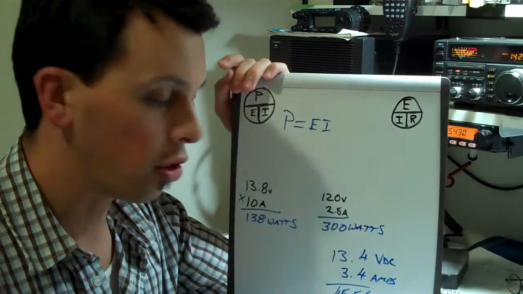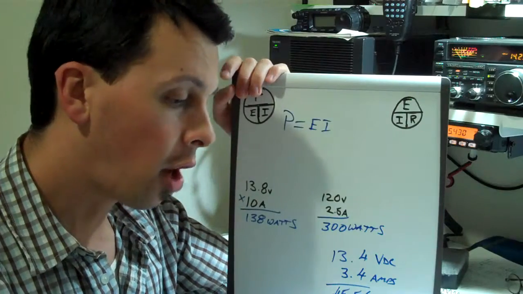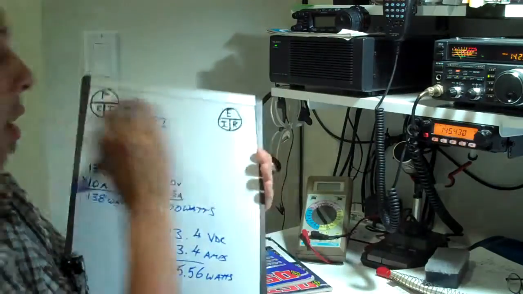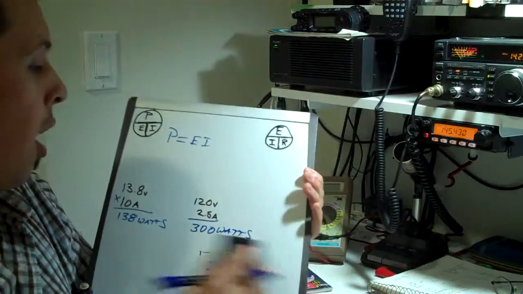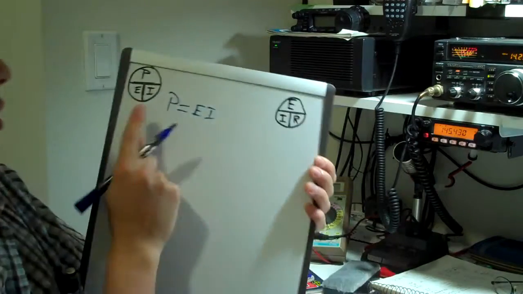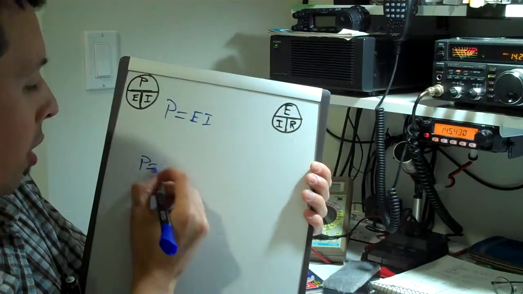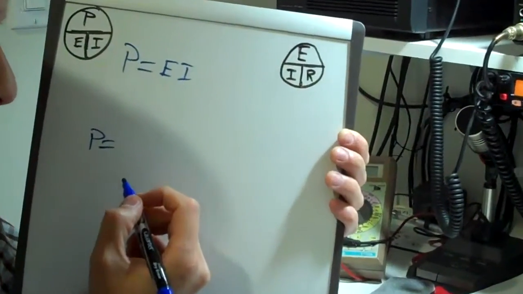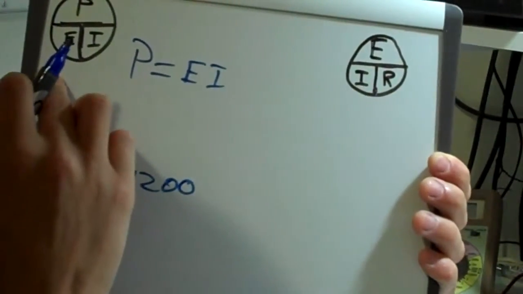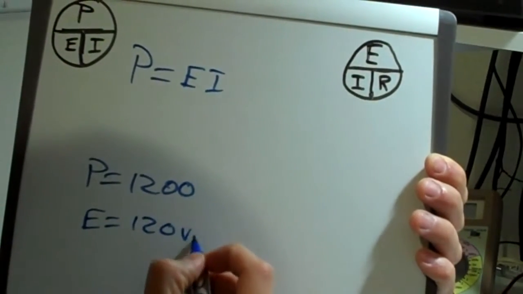All right, let's look at some more questions. How many amps are flowing in a circuit when the applied voltage is 120 volts DC and the load is 1200 watts? Oh, it's a little different. They've given us the watts and the volts. So what is it we don't have? Current, I. So we cover that up. P over E. In this case, P is 1200 watts, and E, or volts, equals 120 volts DC.